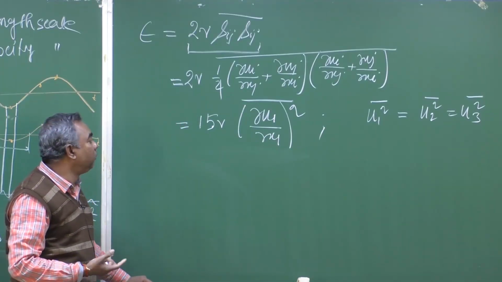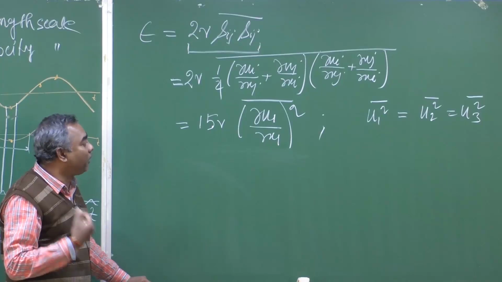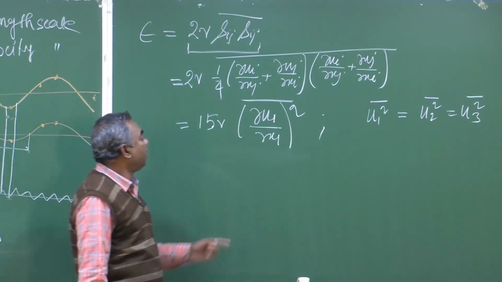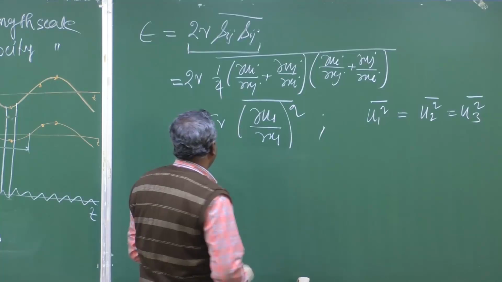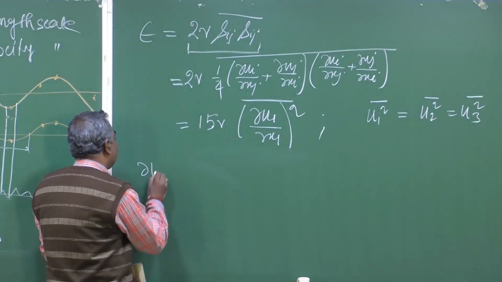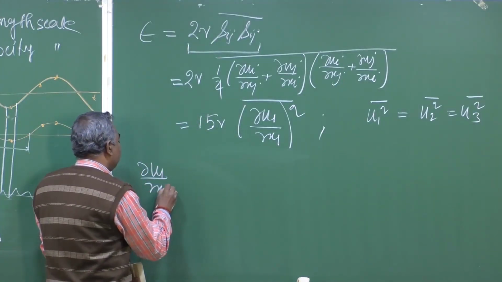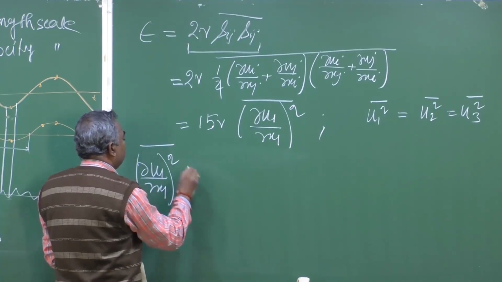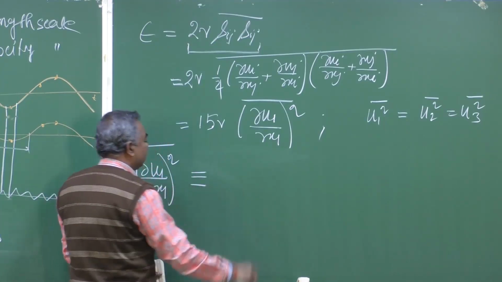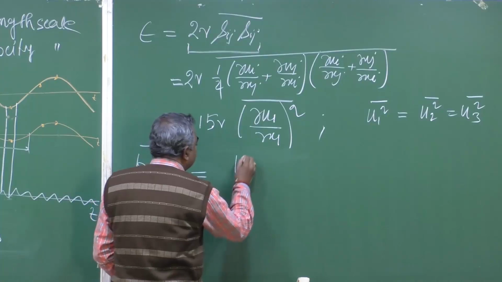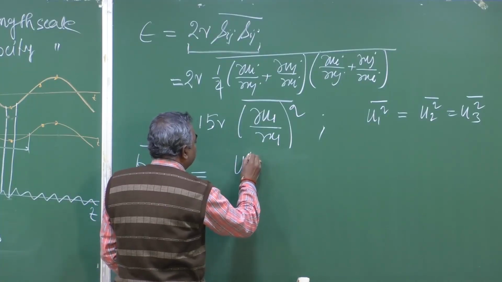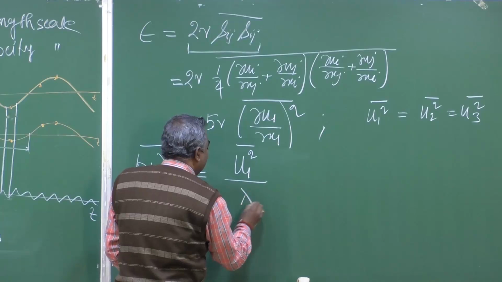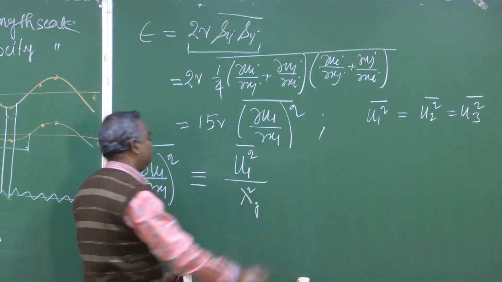Now, before we proceed, what we can do here is define this quantity by definition. We consider u1 square bar, and lambda g square.